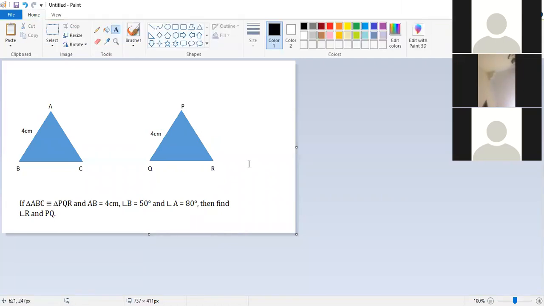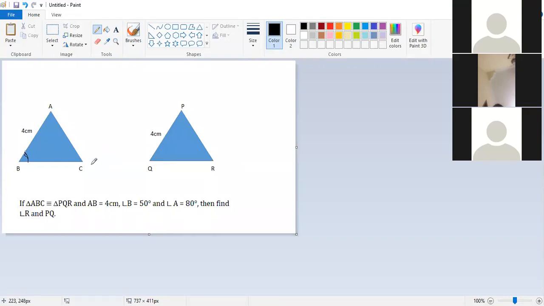Right, everyone? Next, angle B is equal to 50 degree. He has given this angle as 50 degree.